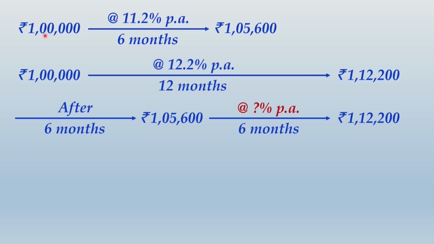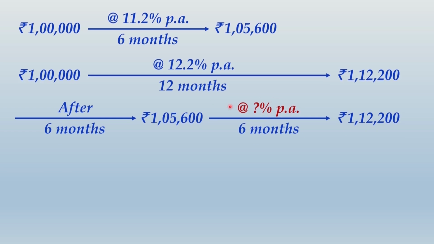Current value of 1 lakh, value after 6 months 1,05,600, current value of 1 lakh, value after 12 months 1,12,200. So if the value is 1,05,600 after 6 months, at some interest rate for 6 months, it would become 1,12,200. So simply you have to answer the question mark value over here.